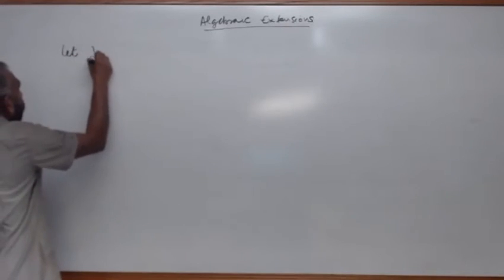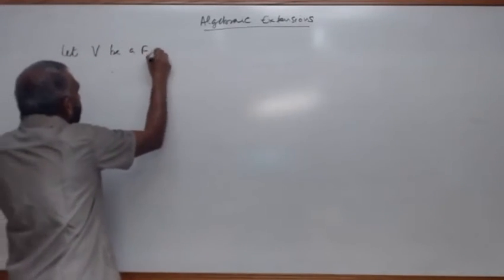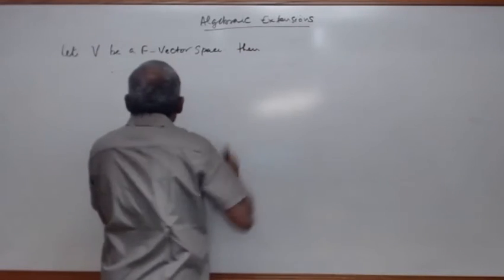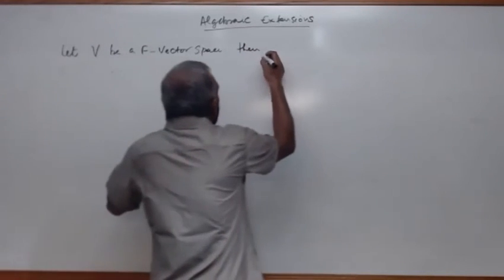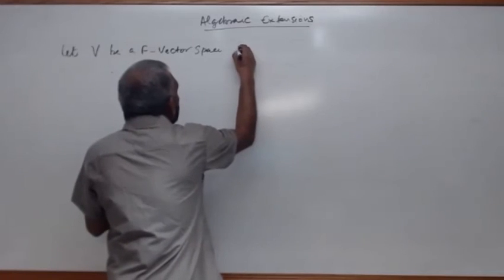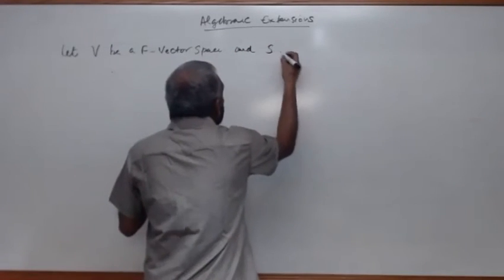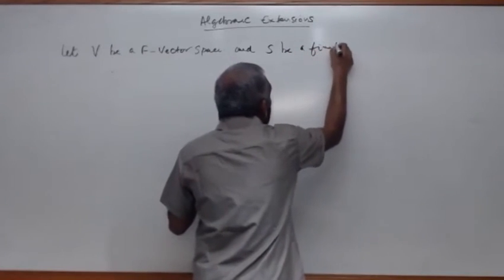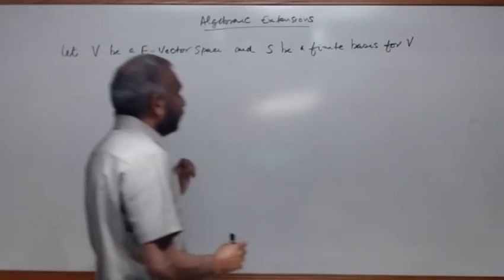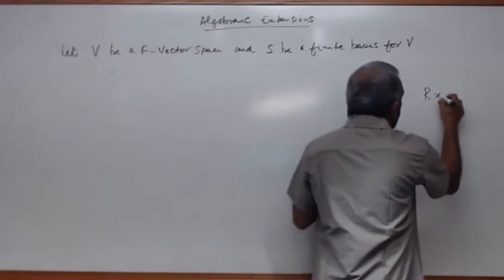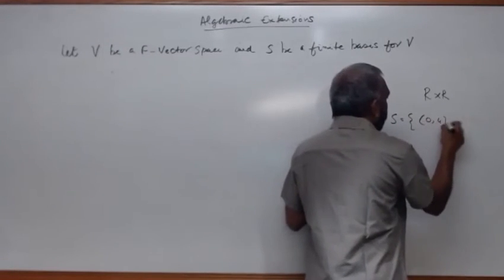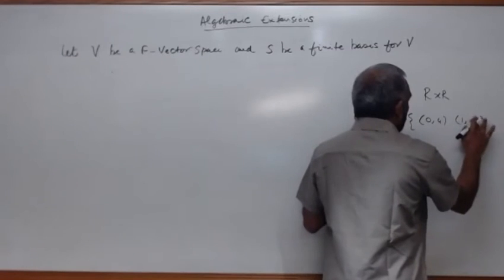Let V be an F vector space, and S be a finite basis for V. For example, here R cross R, the basis we found is something like (0, 4), (1, 3) or (0, 4), (1, 0).